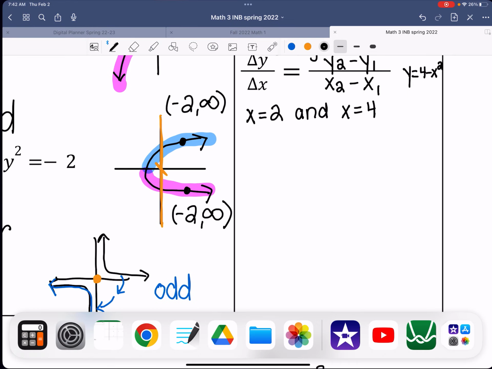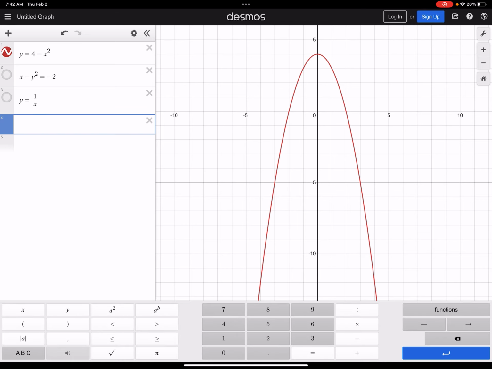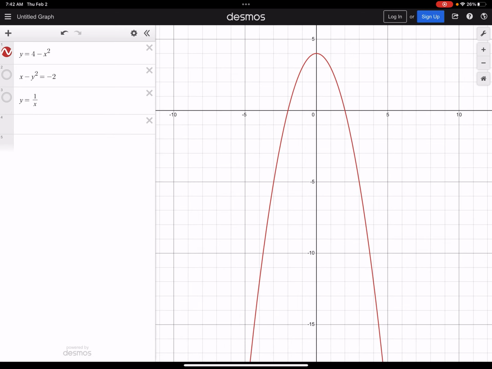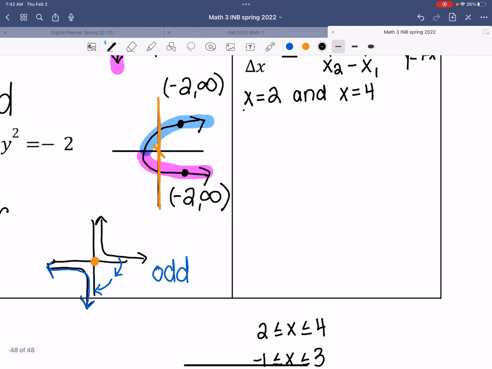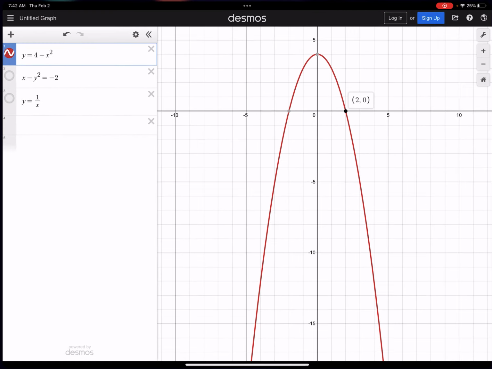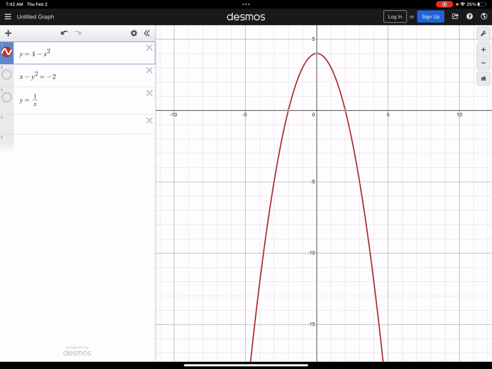Now, how do I do that? Well, I'm going to go look at my graph, and I'm going to go where 2 is, and if I go to the point of 2 on the graph, I can see that it connects at 2, 0. So 2, 0 is my point there. And at 4, if I go to 4, I can see that 4 is connecting down here.